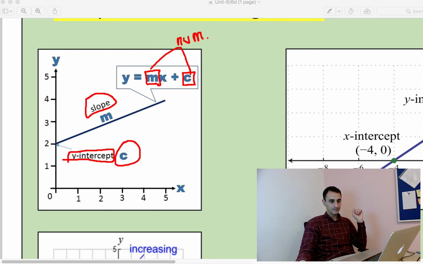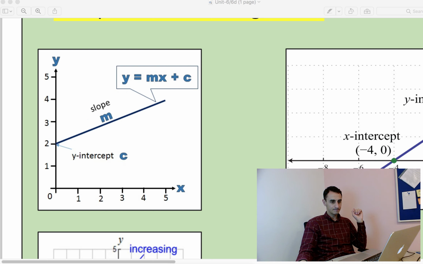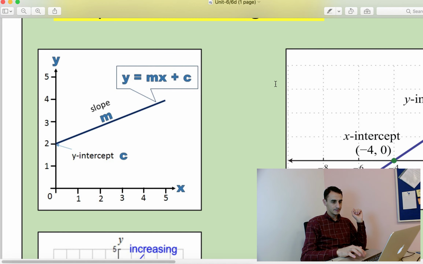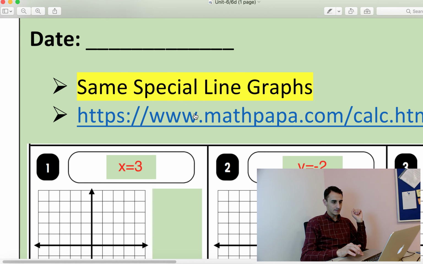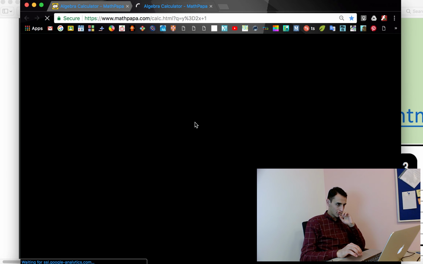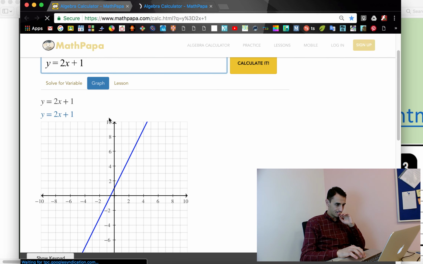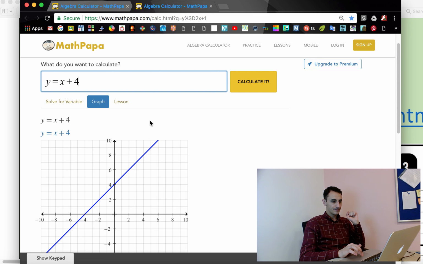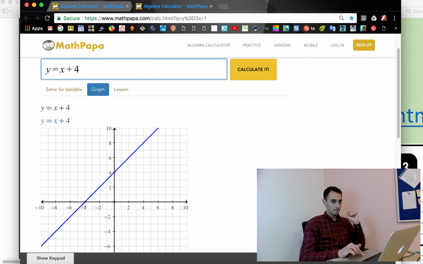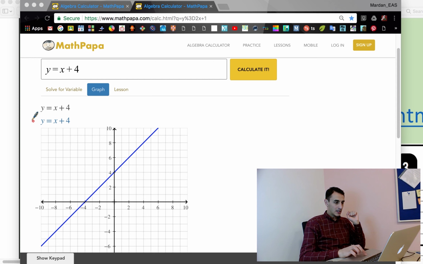Let's see it. So, let's try first x plus 4. You see? Our line passes through 4 on y-axis.